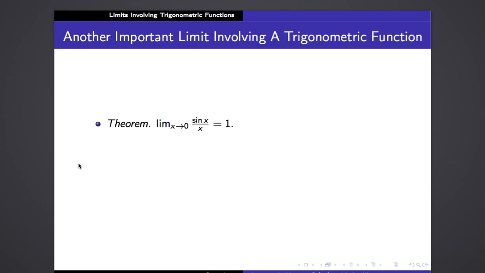Okay, so another important limit involving a trigonometric function. This is a very important and useful limit, so I'm going to introduce it as a theorem. The limit of sine of x over x when x approaches 0 equals 1. I'm not going to prove this theorem here, but if you are curious, I talked about two different proofs.